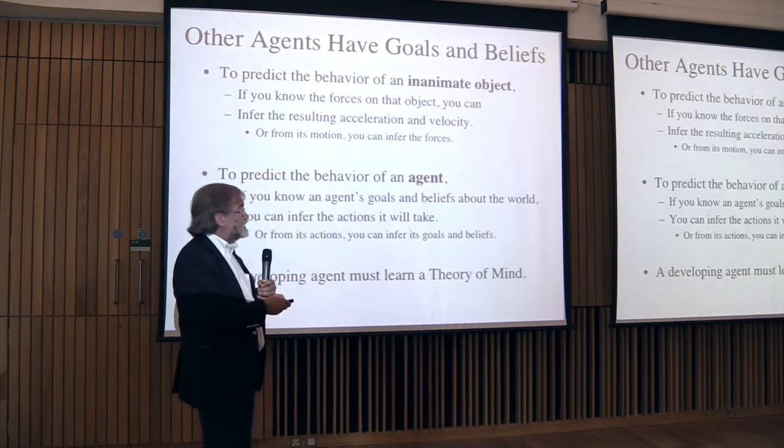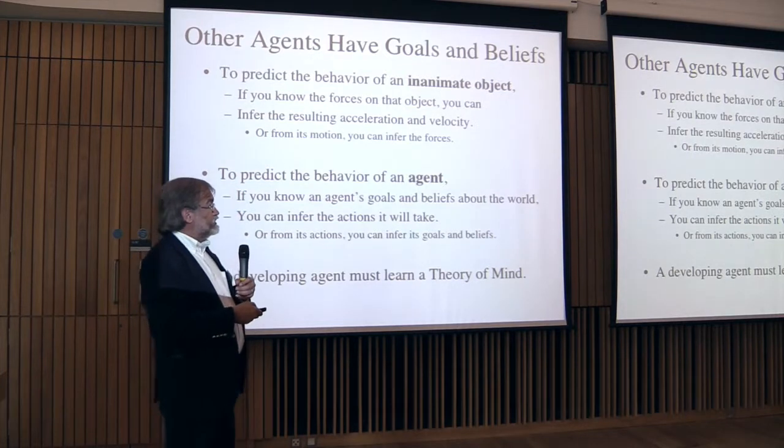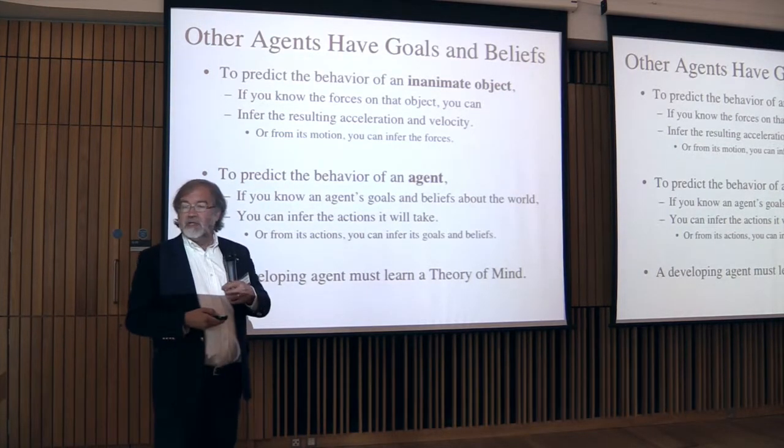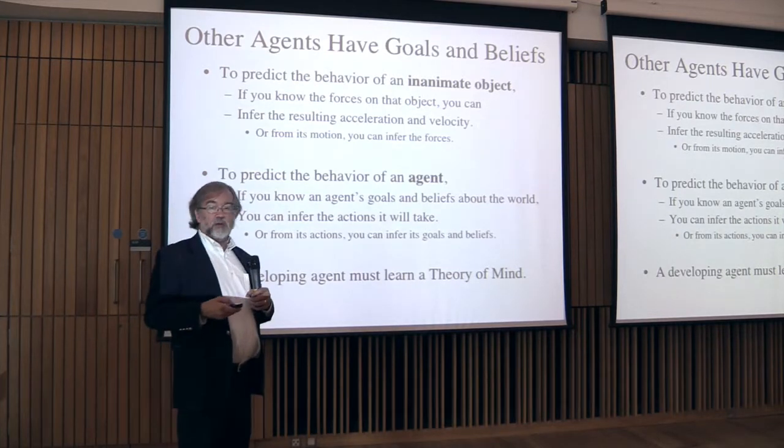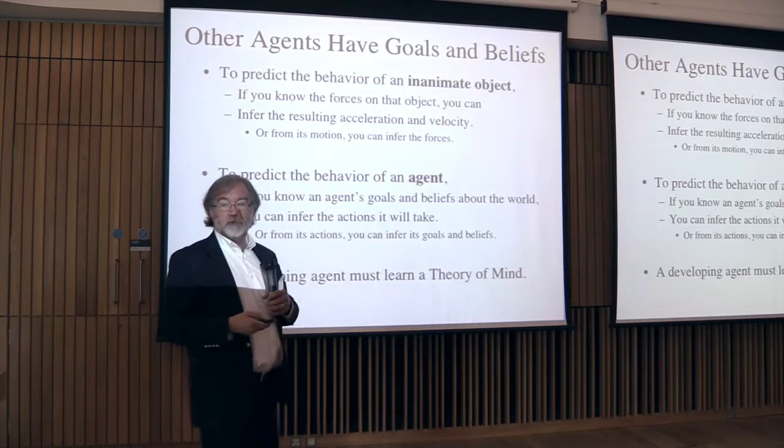With an animate object, an agent, well, if you know the agent's goals and beliefs, then you can infer the actions that it will take. You might be right, you might be wrong, but you're a lot more likely to be right than picking something randomly.